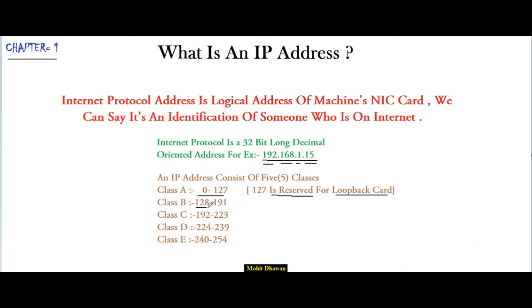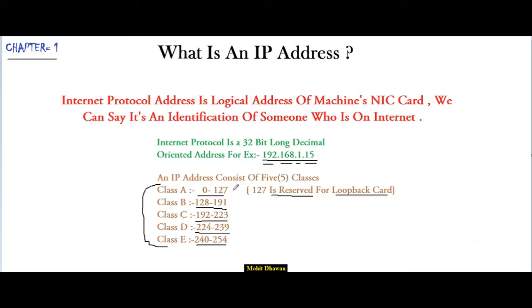In class B, 128 to 191. In class C, 192 to 223. In class D, 224 to 239. In class E, 240 to 254. So these 5 are the IP classes.